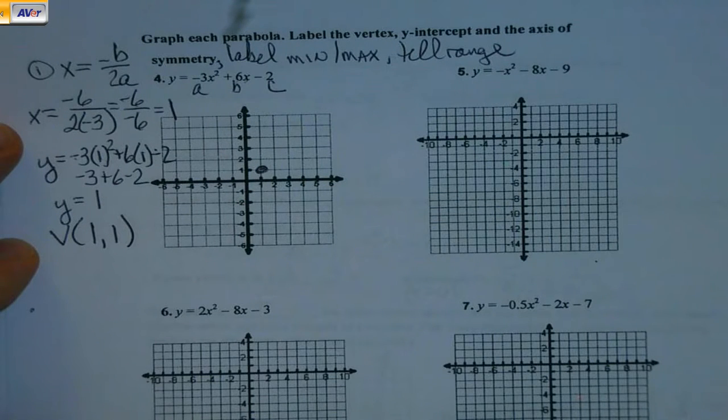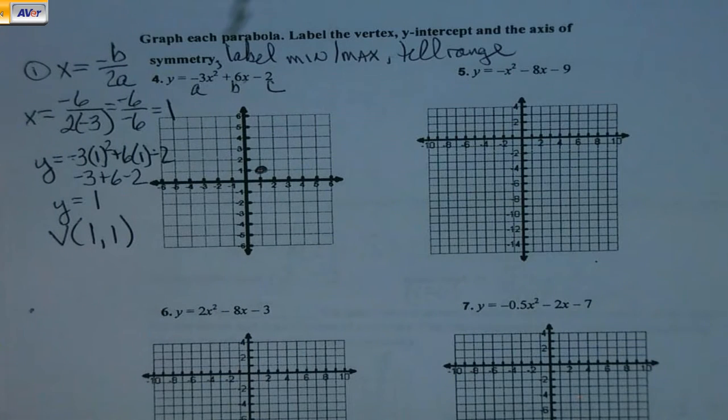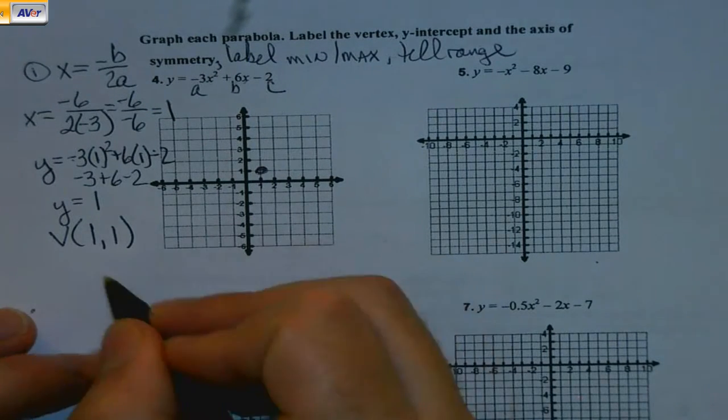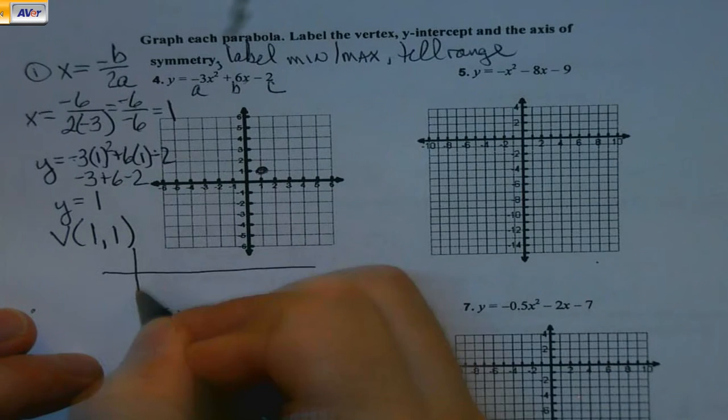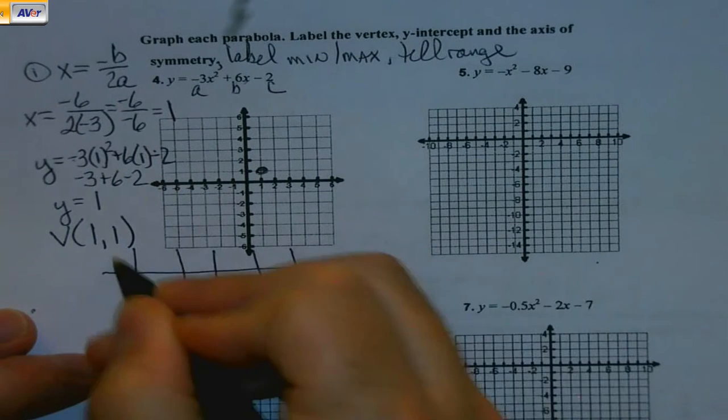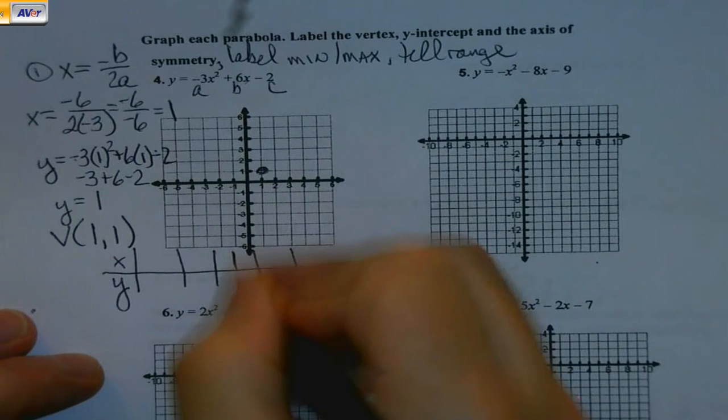Now at this point, I've got choices on how I take this on. One way I can do it is by doing the chart like we've been doing for a while. I put my vertex in the middle.